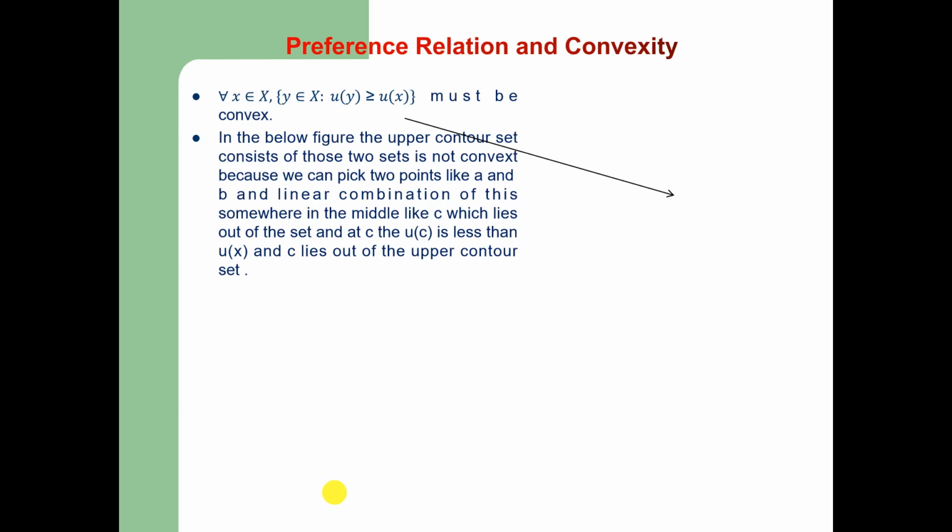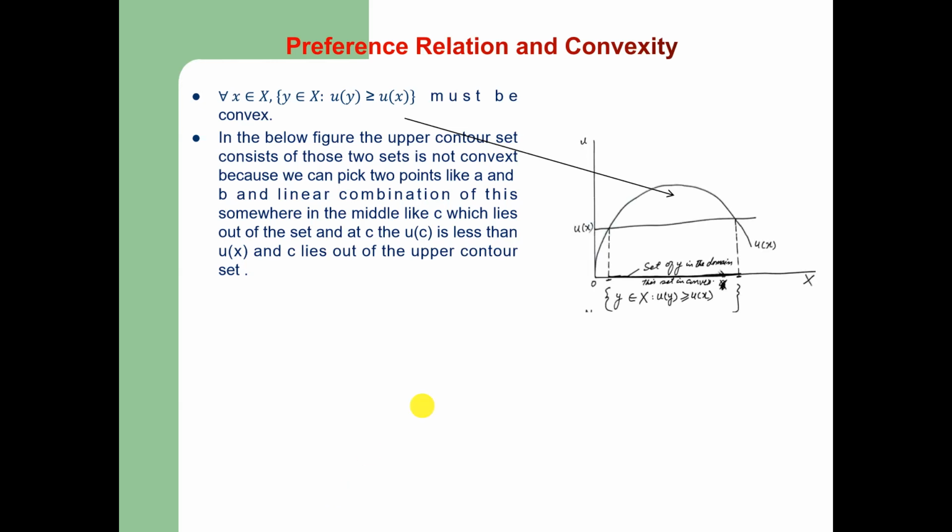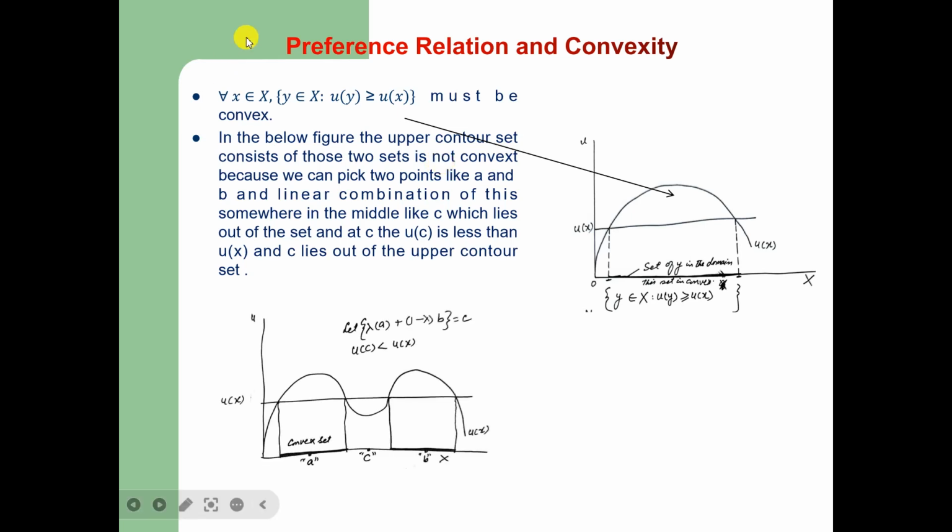In this figure, the upper contour set is not convex, because the upper contour set consists of those 2 points like A and B, and the linear combination of these somewhere in the middle like C lies out of the set, and at C the utility of C is less than the utility of x.